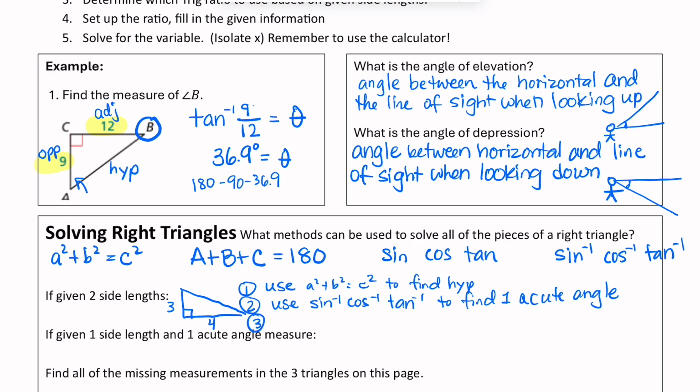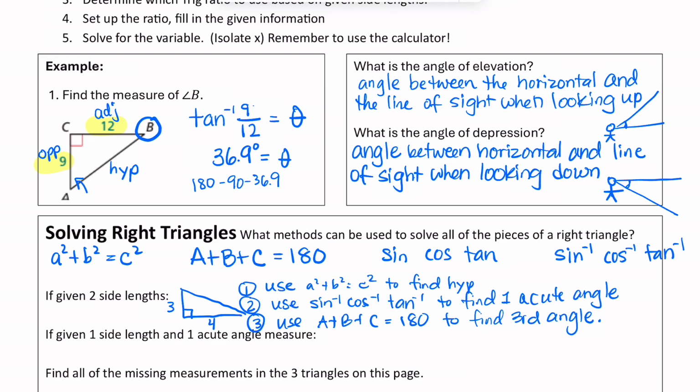And then we could use a plus b plus c equals 180 to find the third angle. So we don't always have to use sine and cosine for everything. We could use a combination of methods to help us find the missing parts of the triangle.